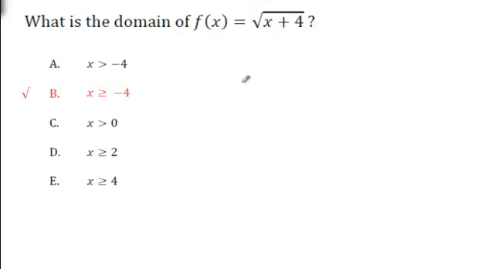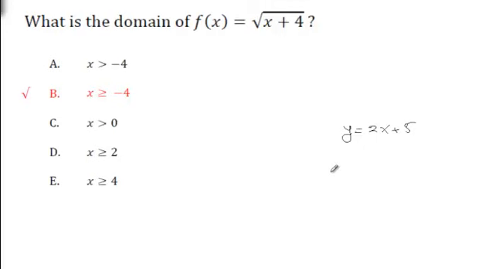When we have a linear function like y equals 2x plus 5, this is a line. Okay, so for a linear function, the domain of this function is set R, the set of all real numbers. You can replace x by all real numbers. Why? Any value you replace x by, you get a y value. Okay, this is a linear function.